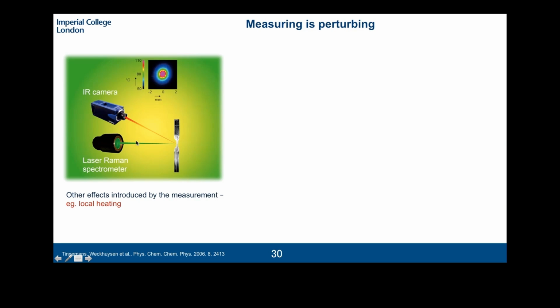But while you're doing your reaction, if you were to put an IR camera on your sample, you see that you have these significant local heating effects. So any changes that you're seeing in the catalyst or at the interface might not just be because of the reaction happening, but it might also be because of actual local heating effects by the incident source of energy.